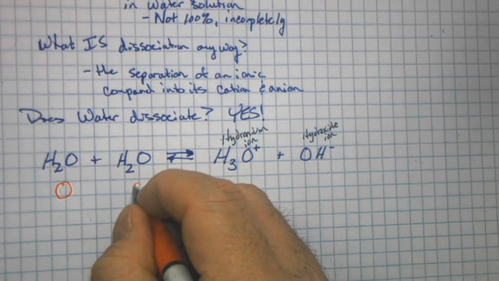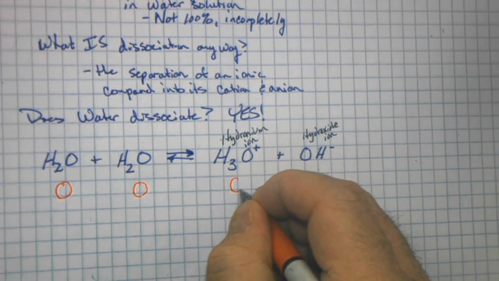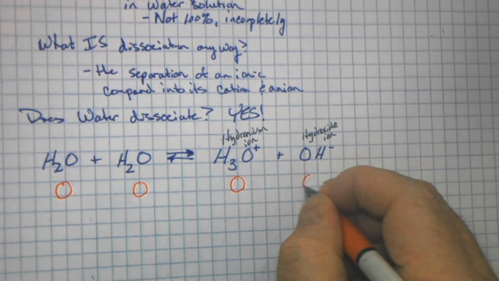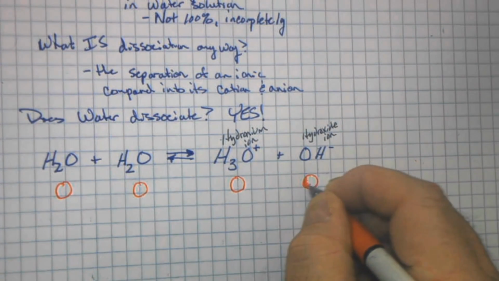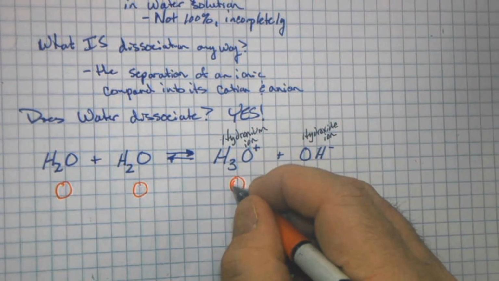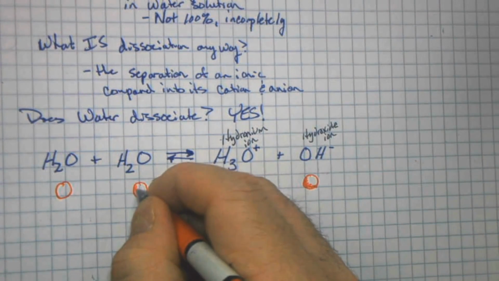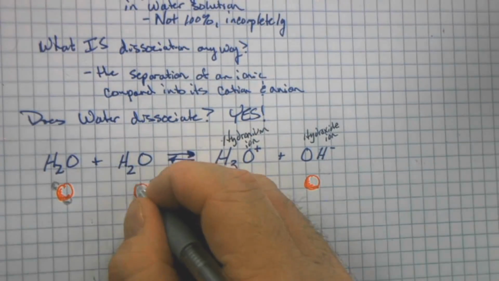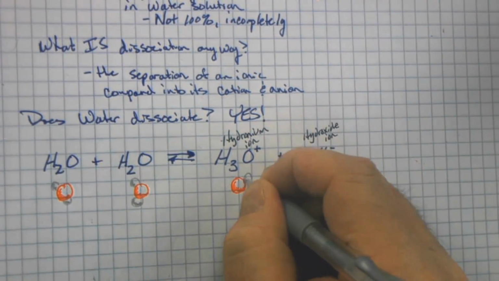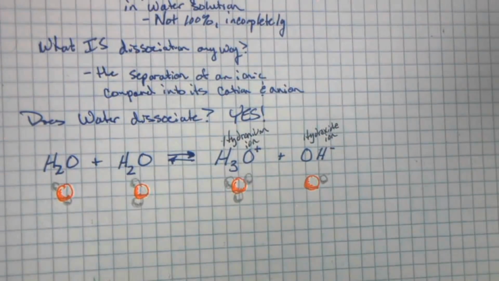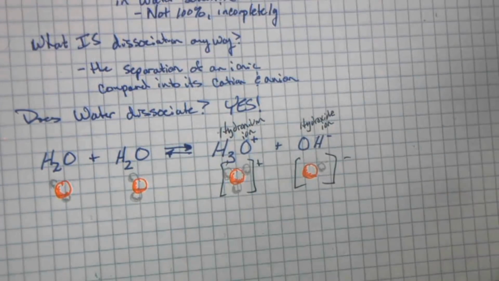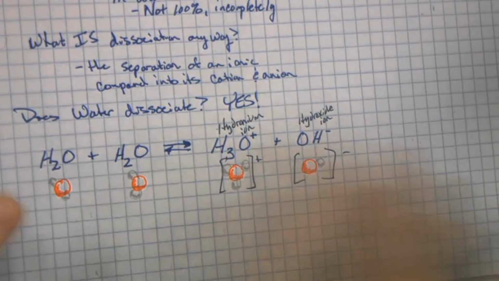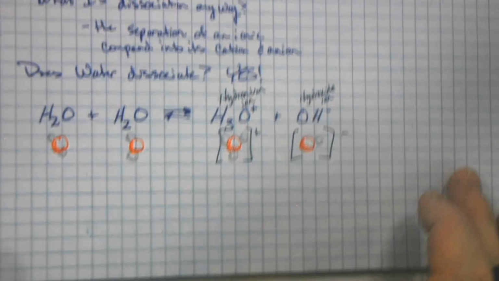And if you put in a substance that creates more hydroxide than the hydronium, then you have a base. Okay, so this is what water does to dissociate.